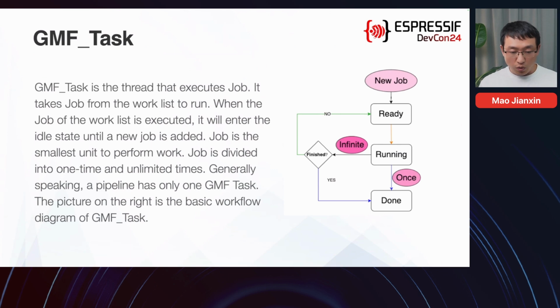A job is the smallest unit to perform work. Jobs are divided into one time and unlimited times. Generally speaking, a pipeline has only one GMF task. The picture on the right is the basic workflow diagram of the GMF task.